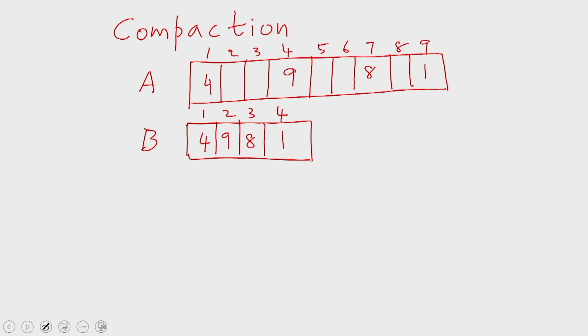How do we achieve this using prefix sums? We can use prefix sums as a subroutine. What we do is this: we take an array, a bit vector, and indicate which positions have useful elements.